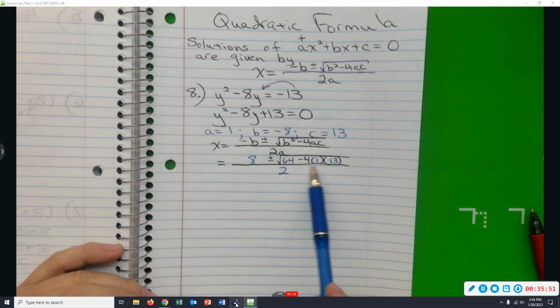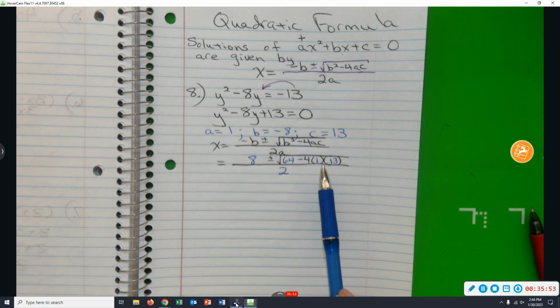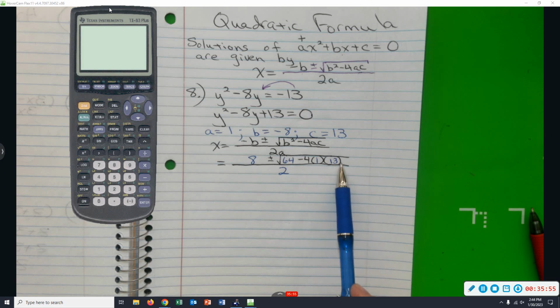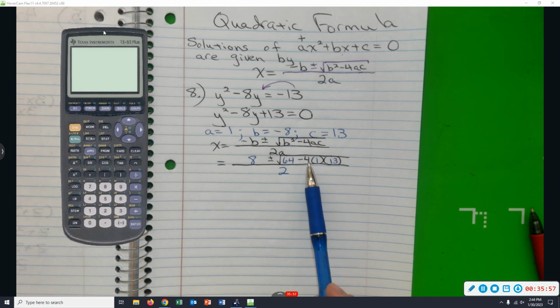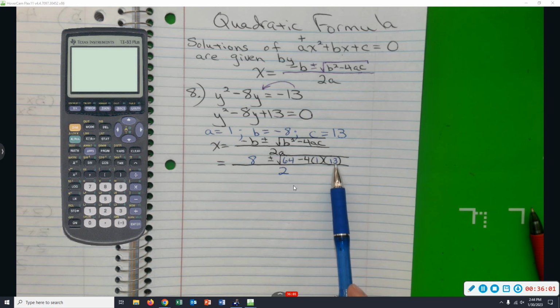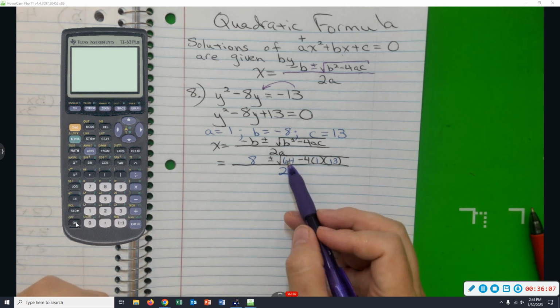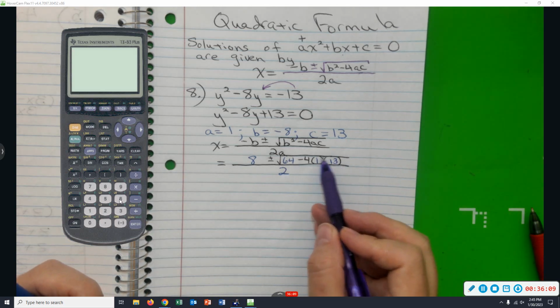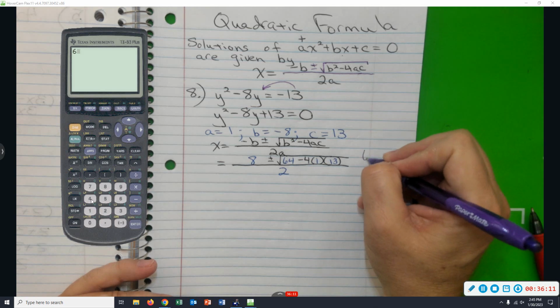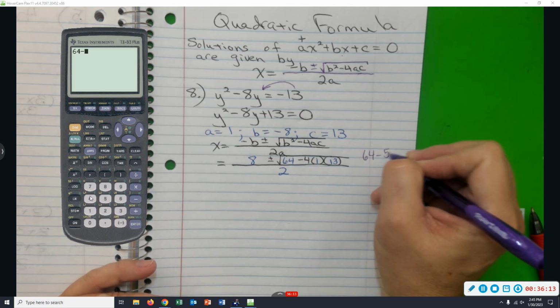Okay. Working under the radical, we remember the order of operations. We can do this multiplication. A minus 4 times 1 is a negative 4, times 13. Here's my thought process. I have a 64. That's a minus 52. What's 64 minus 52?